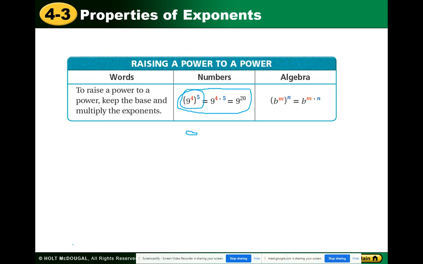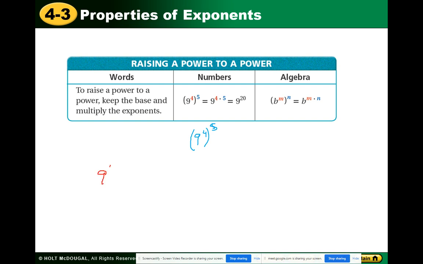We're going to erase everything. 9 to the 4th. And then they said take all that to the 5th power. So really what they said, and I'm going to change to red, is 9 to the 4th 5 times.